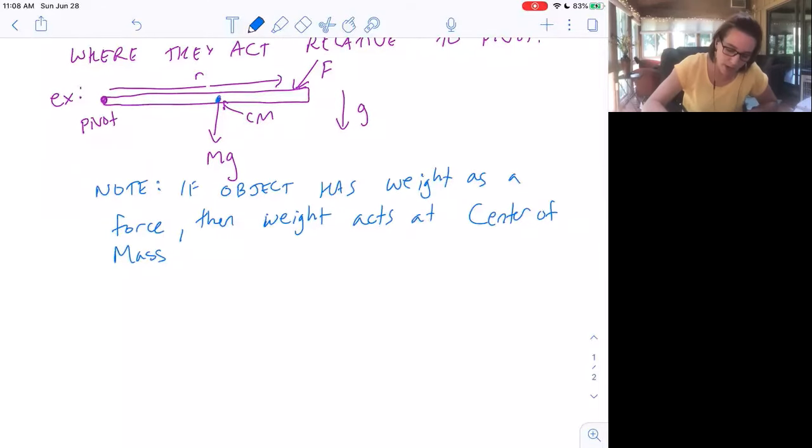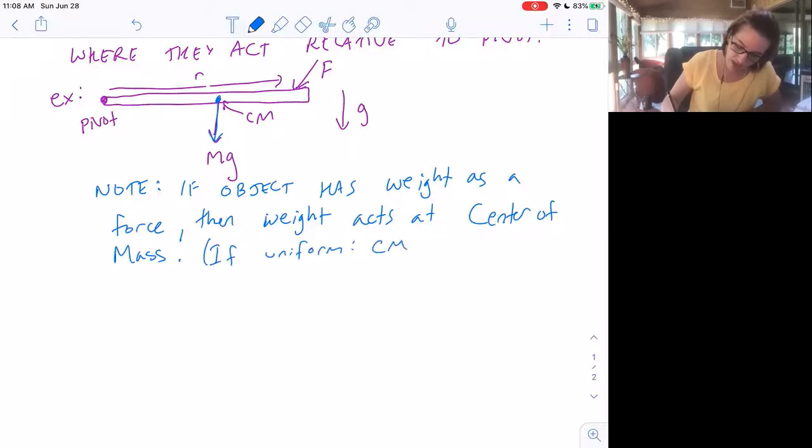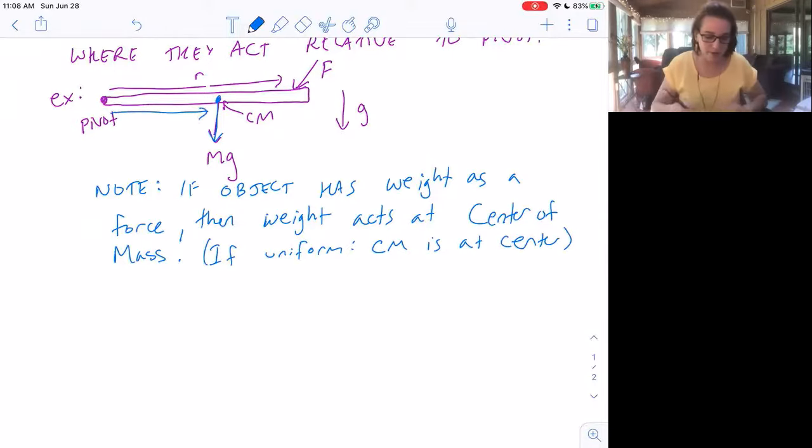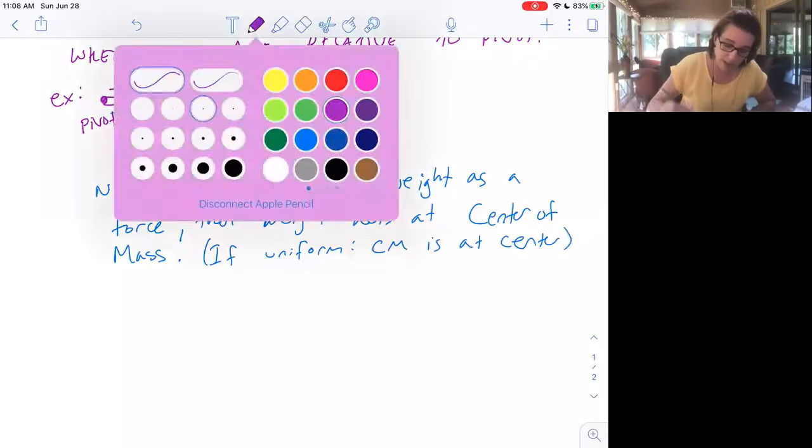And so that's what I've described here, the weight acting at the center of mass. And if it's a uniform object, then the center of mass is at the center, right? So this then would be the length of the rod divided by 2. Okay, so that's an example of an extended free body diagram.